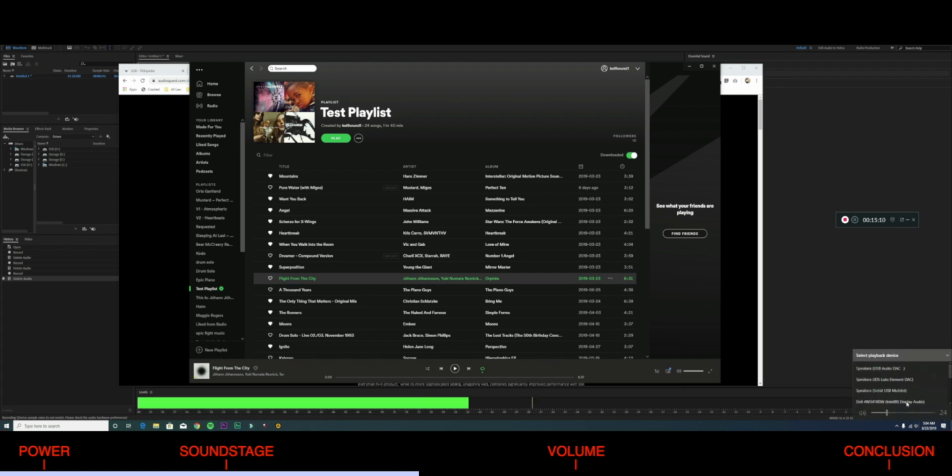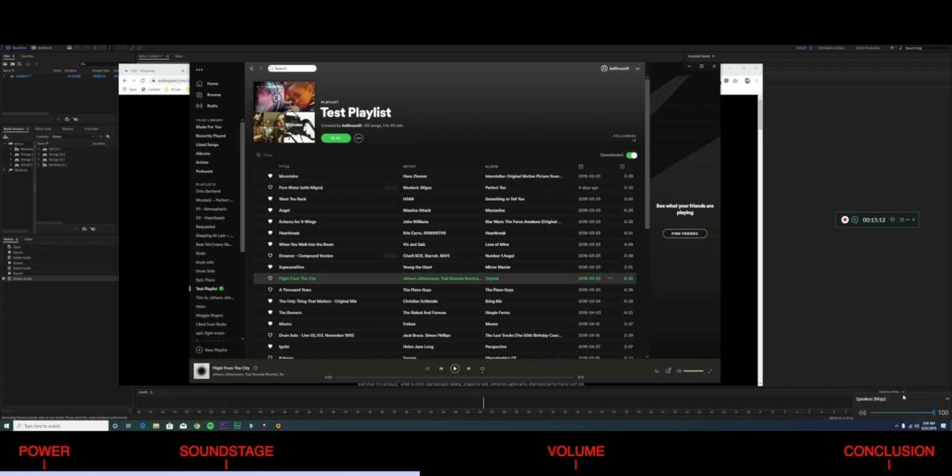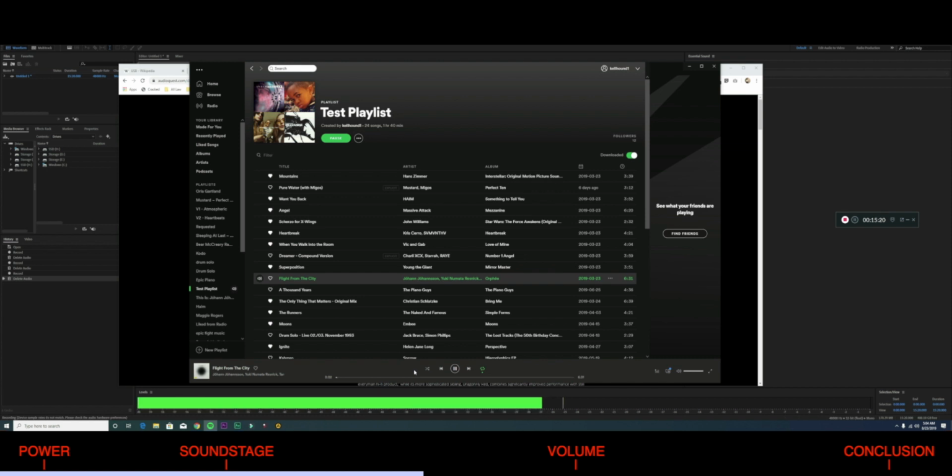Let's switch to the Chord Mojo. Okay, now we're on the Mojo, and let's play the song again. Volume is set at double orange, which is, to my ears, the same as 25% on the Cobalt.